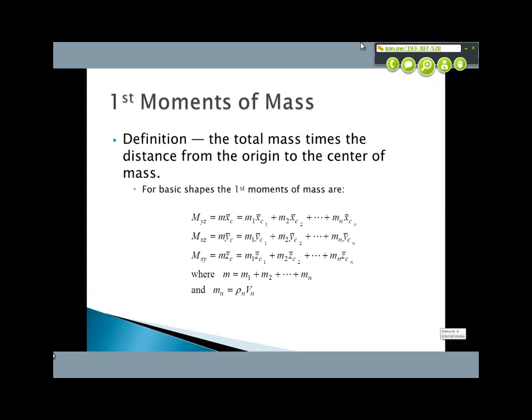And so as before, where we talked about it in discrete terms, here again we're talking about it as if it were CSG objects, little mass shapes, and M1 times the center of mass x sub C1 plus a second mass times its center of mass, and so on and so forth.